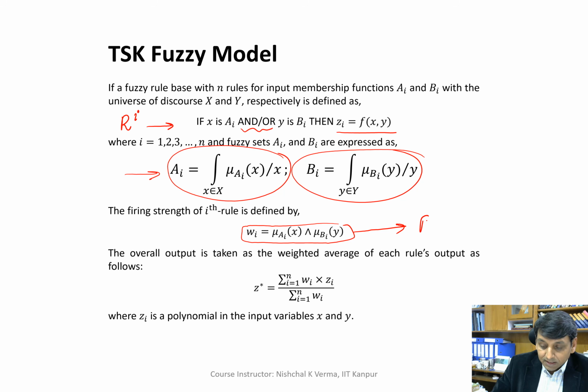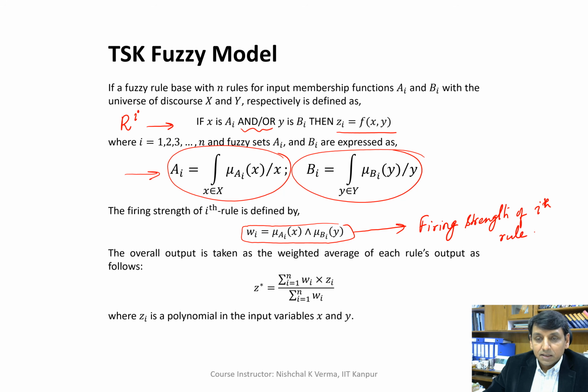So I can write here the firing strength of the ith rule, and this we can obtain by either taking the min of mu ai x and mu bi y, or we can multiply these two if we are interested in the product.